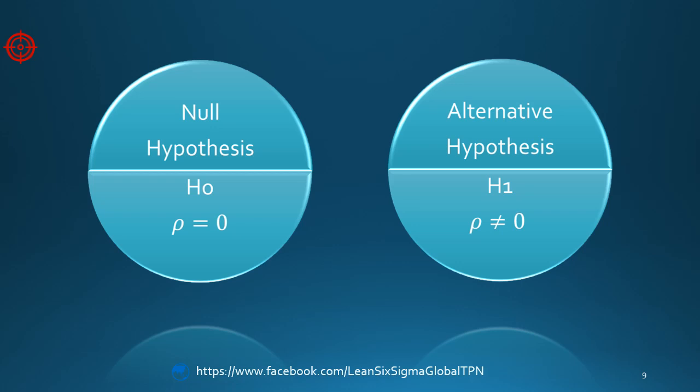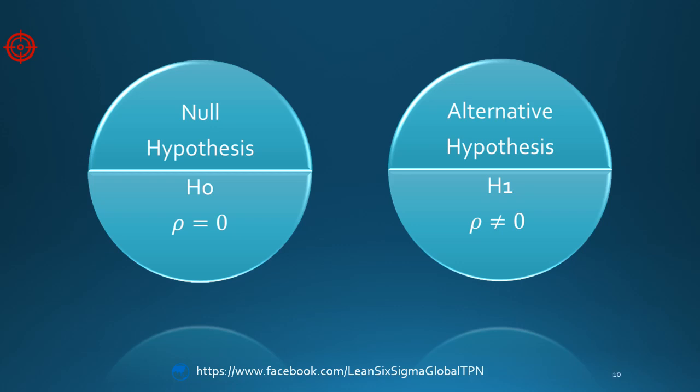For correlation, the null hypothesis is that the population correlation coefficient, represented by the Greek letter rho, equals 0. No linear relationship between variables exists. The alternative hypothesis is that the correlation between the variables does not equal 0. A linear relationship between the variables exists.